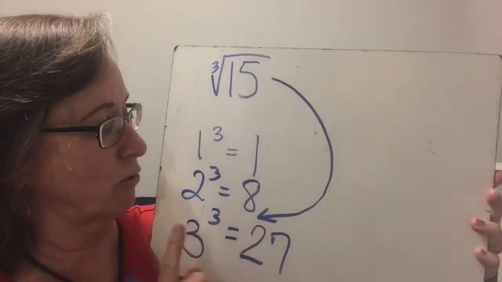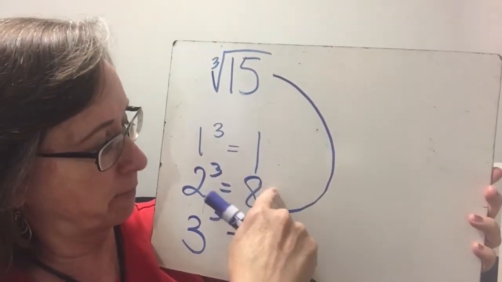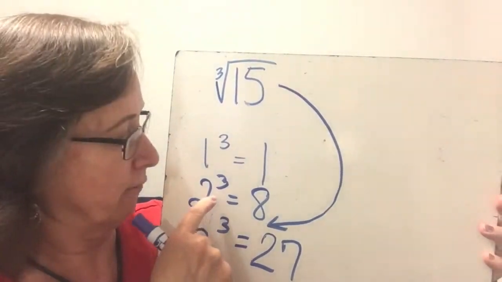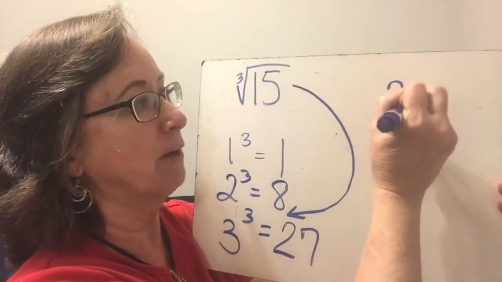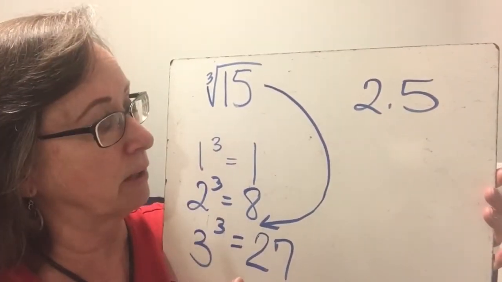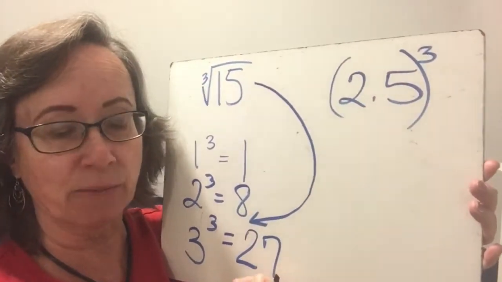Since 15 is between the 8 and the 27, then we know that the number we're looking for is in between 2 and 3. So let's try 2.5 and see if it's too high or too low. So what we'll do is cube 2.5 and see what happens.